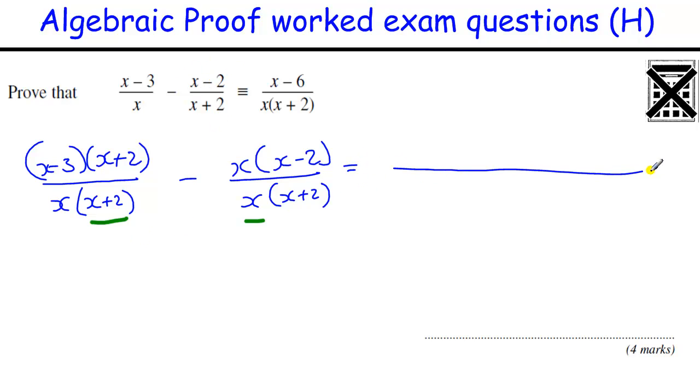Combine those over one fraction line, so x times x squared, minus 3x plus 2x is minus x, minus 3 plus 2 is minus 6. Again, we're going to take away the second bit, so I'm going to put that into a bracket so I can work this out. x squared minus 2x.